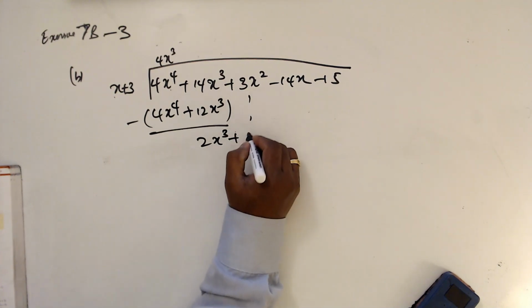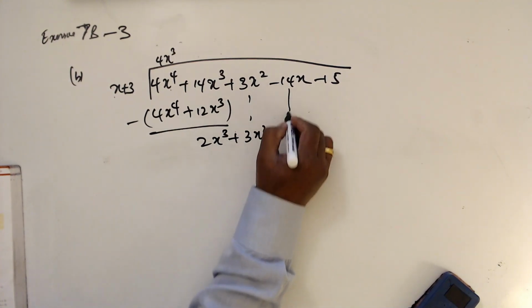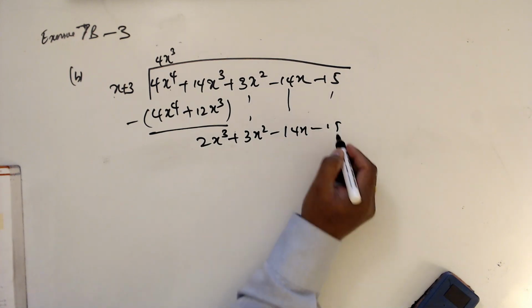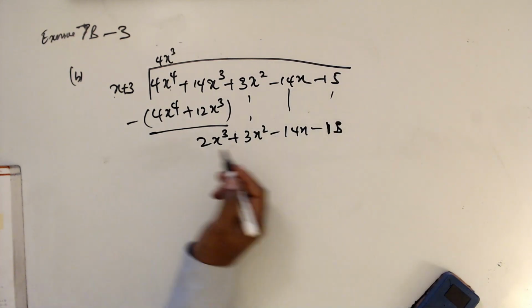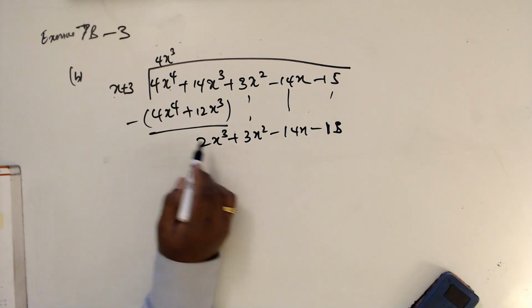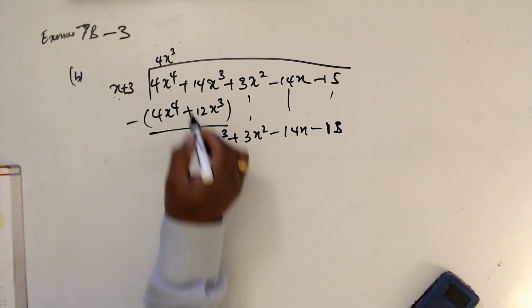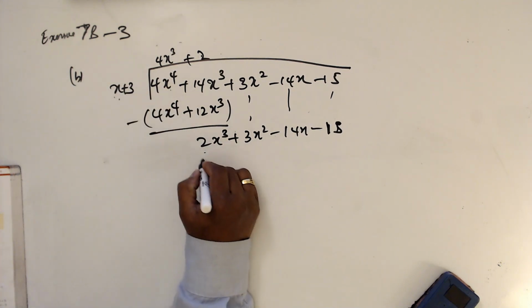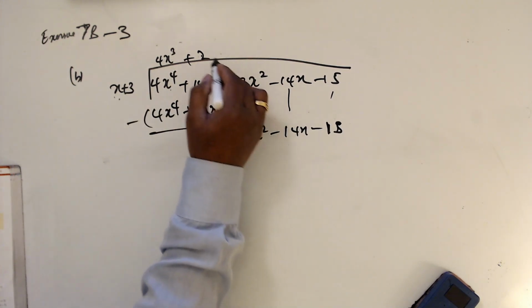Bring down. Then how many x goes to 2x cubed? Plus 2. Plus 2 times x, 2x square.